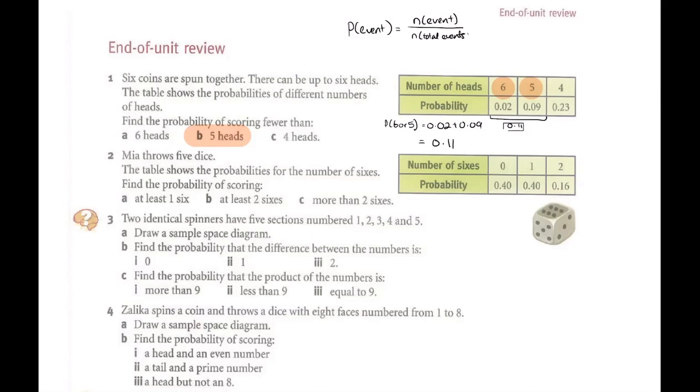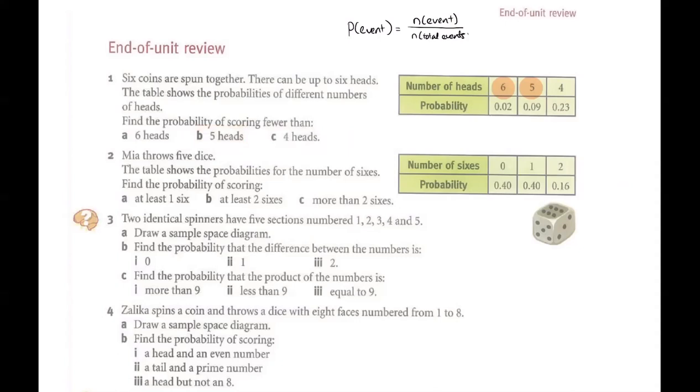Okay, what is the probability of it not happening? Not happening, I need to take 1 minus this event. So the probability of not 5 or 6 is equal to 1 minus 0.11, 0.89. So that is the probability other than 5, other than 6. That's the probability of 5 and 6, take 1 minus from that.